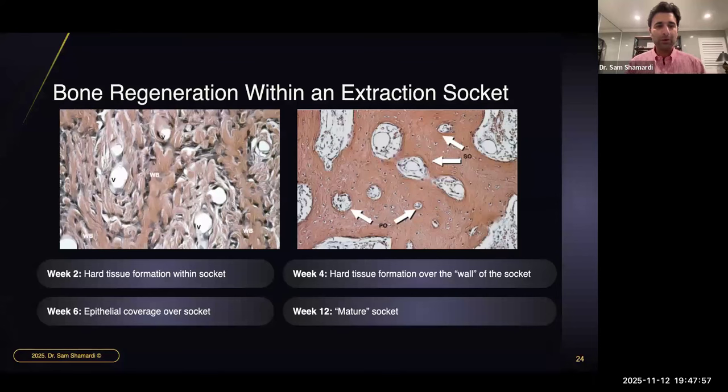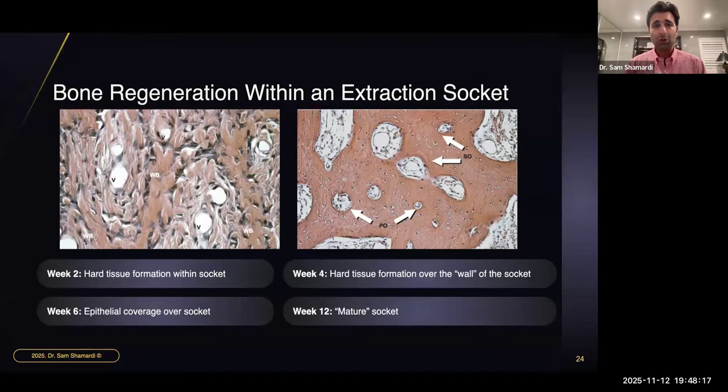The histology is very clear. We know it takes about 2 weeks to start getting hard tissue formation, about a month for it to start forming over the wall of the socket. As we said, 6 weeks for epithelial coverage. And it is no sooner than 12 weeks, excuse me, that we get a socket that we can consider even being mature.